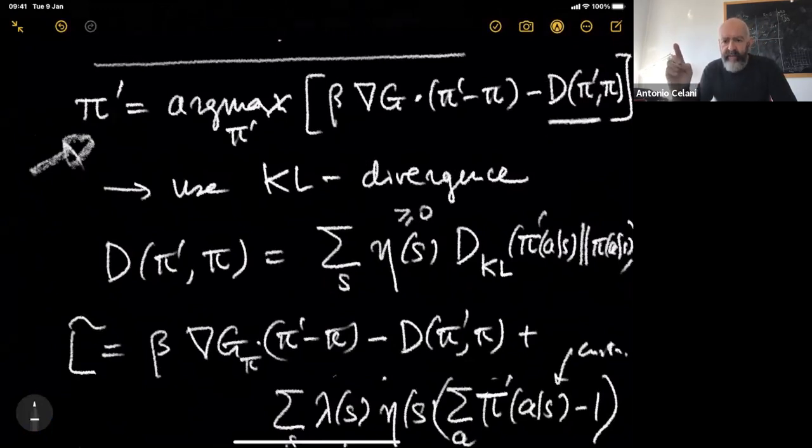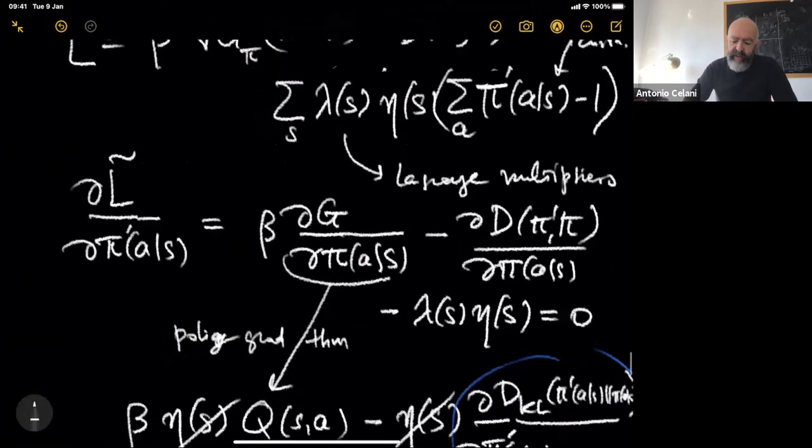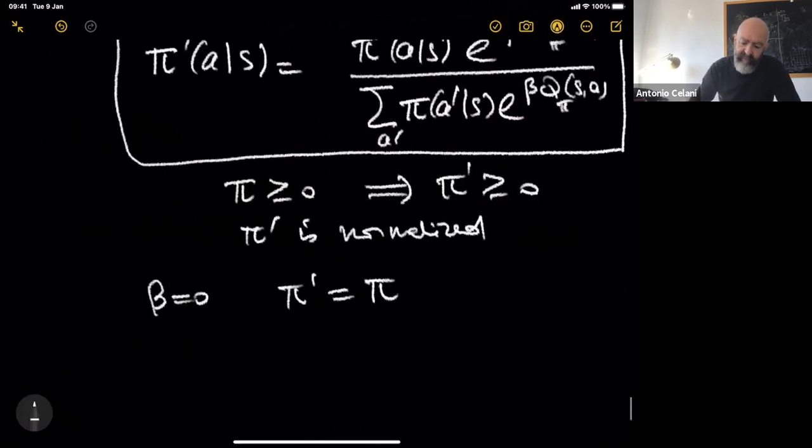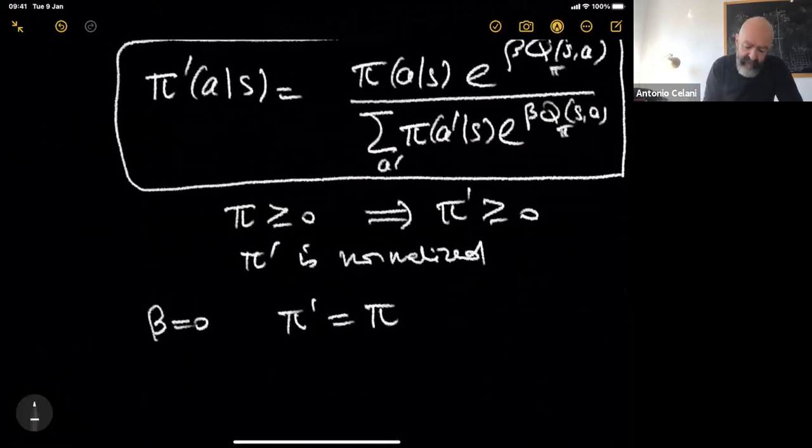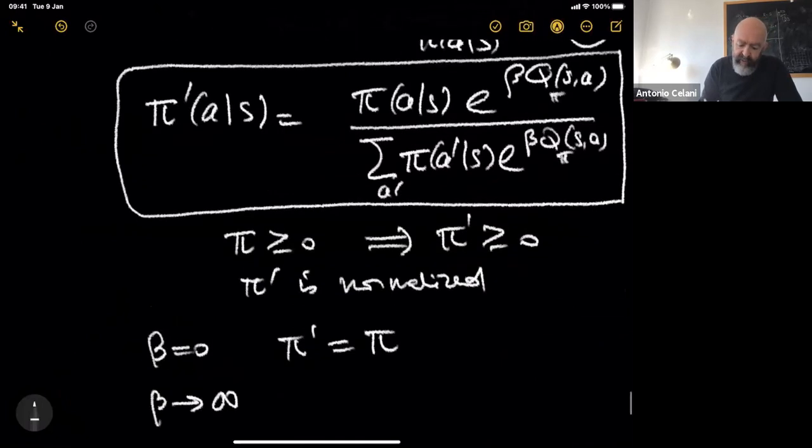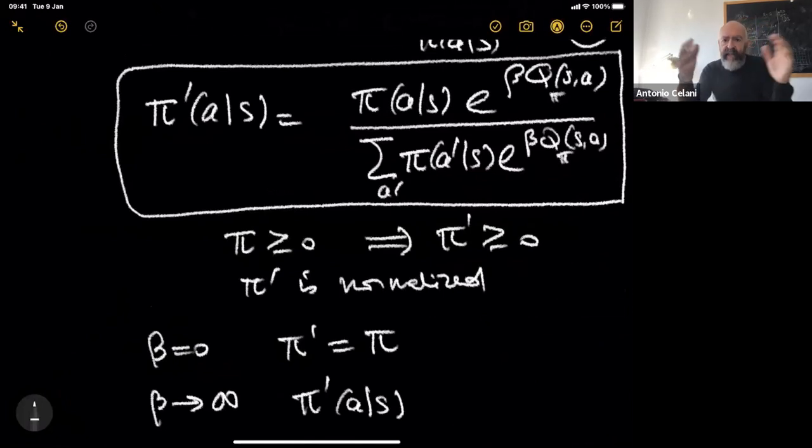On the contrary, when beta goes to infinity, something interesting happens, because you don't get outside the domain, since you're always inside your policy space. So what happens when beta goes to infinity? Your new policy pi prime, if beta becomes very large, there are many exponentials competing with each other, but only the one which has the largest entry will win.